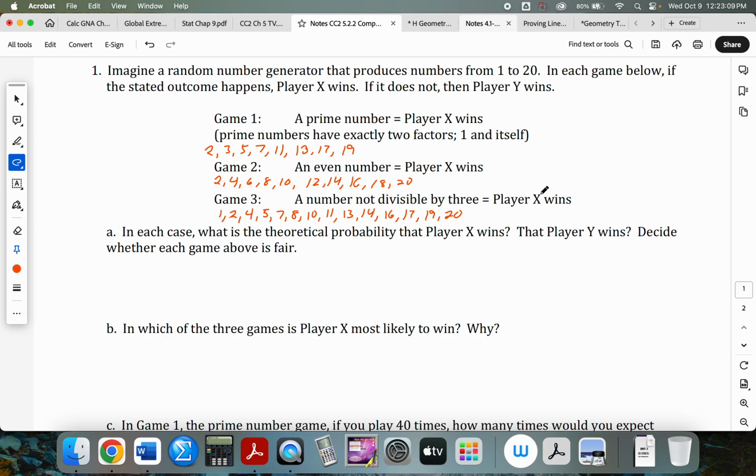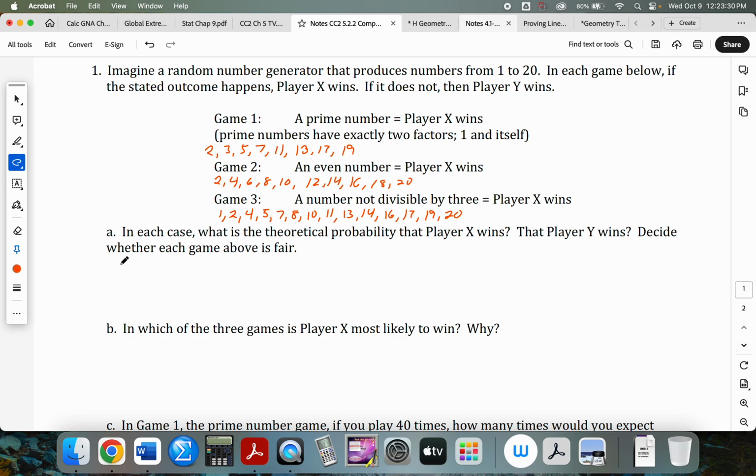All right, so let's find the theoretical probability that player X wins. Remember, the theoretical probability is given by a fraction, where the top number is how many desired outcomes there are, and the bottom number is how many total outcomes there are.